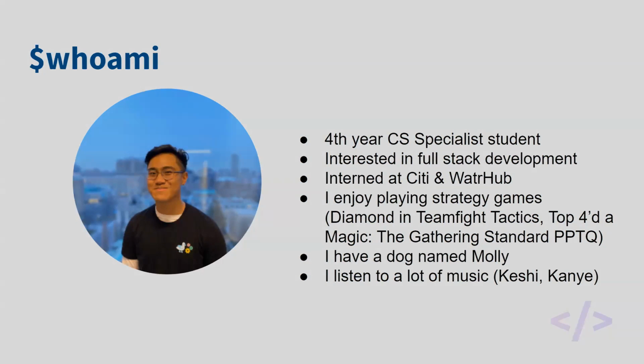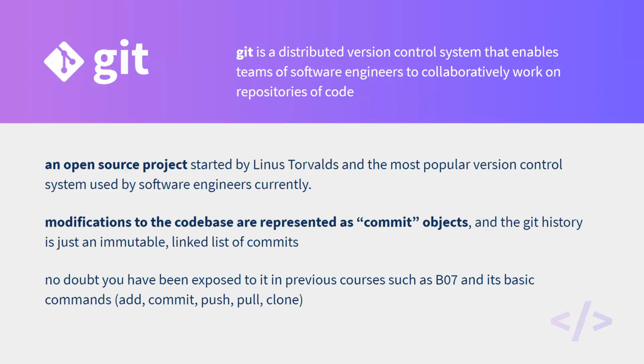All right. So let's talk about Git. Git is a distributed version control system that enables teams of software engineers to collaboratively work on repositories of code. What this means is that everyone has a copy of the Git repo, right? But there's a difference between local and remote. You can have your own local version of the repo that differs from the remote, and then you push and pull changes back and forth so that it's managed.